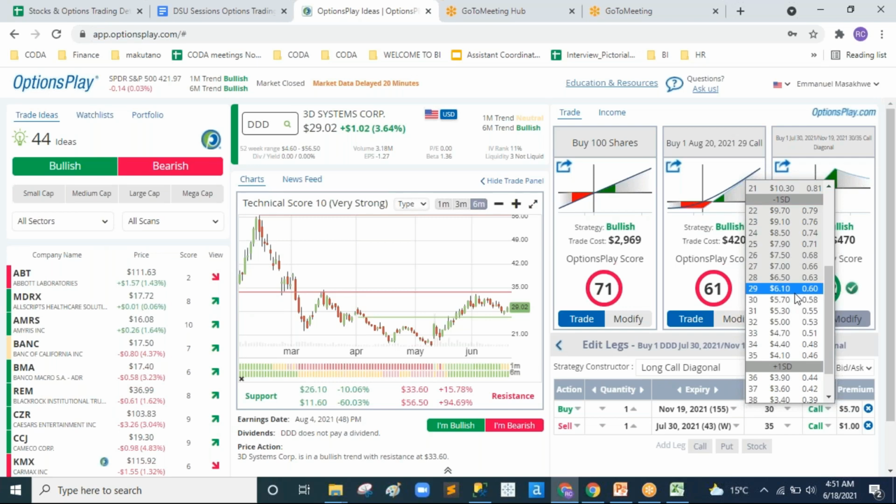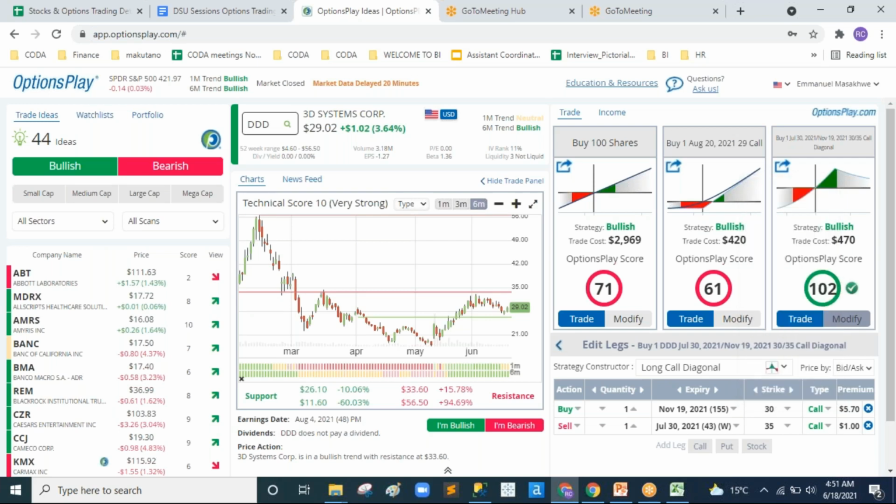So our best shot is at 30. Which is okay because the width is greater than the debit. So that one is good.